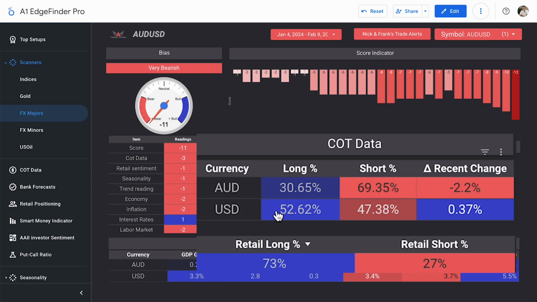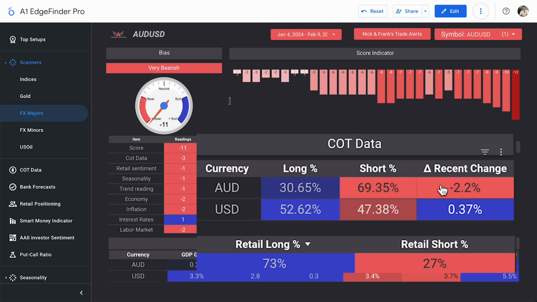That is not clear and obvious enough that institutional traders are heavily favored long on the dollar right now. So that's actually going to be a neutral score. But our recent change indicator right here actually compares COT data, the previous COT data report, to the most recent COT data report.